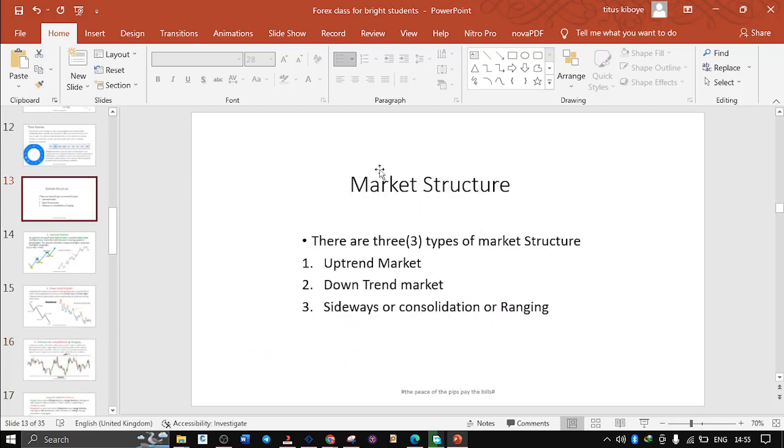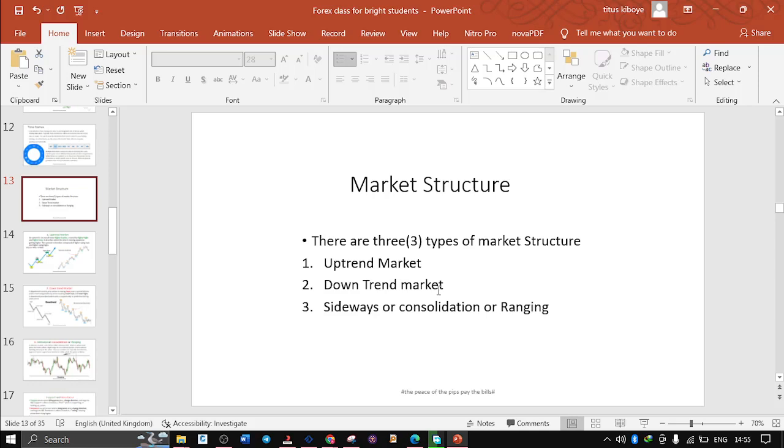Now, the market structure. Market structure is really very important. If you want to make money in the market, this is where the money is. We have three different types of market structure. We have the uptrend market, where buyers are pushing the prices higher.